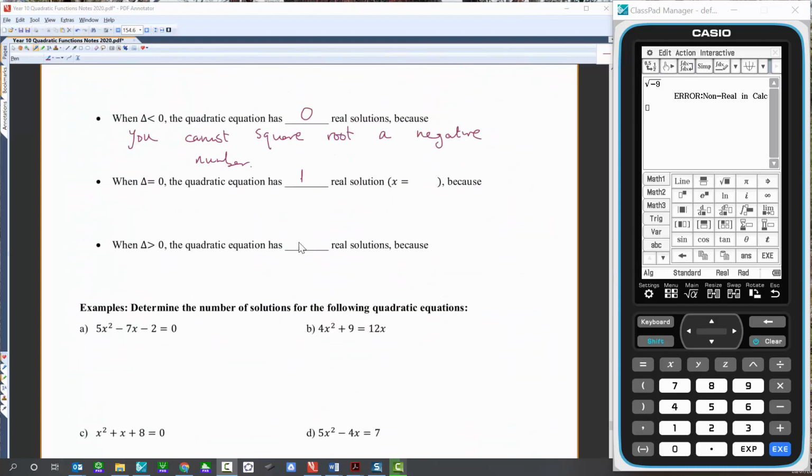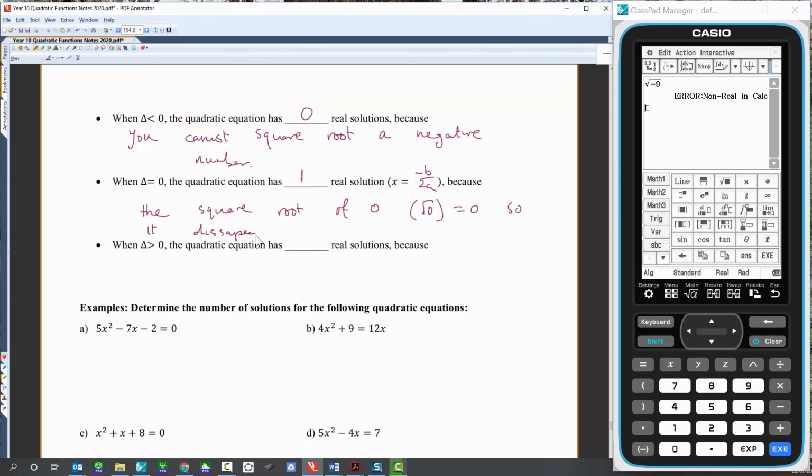I'm going to use some bad mathematics language here and say the square root of 0 is equal to 0, so it disappears.